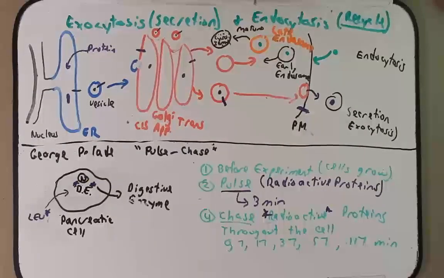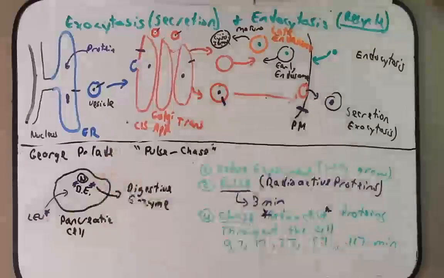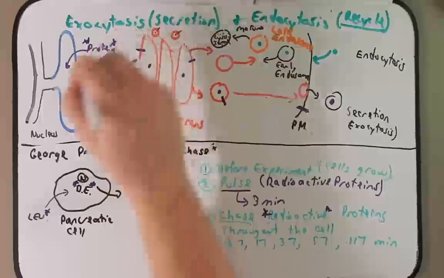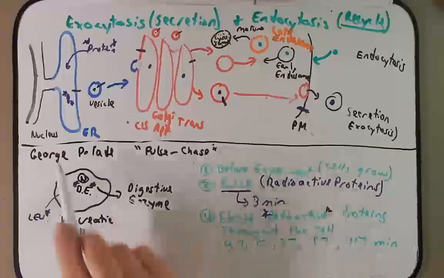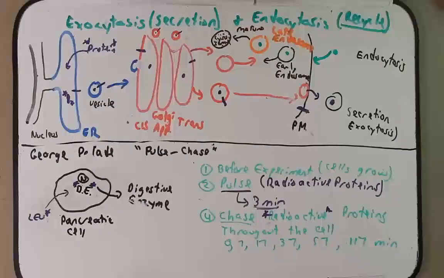That's an important one. And so what they did was, at 0 minutes, and we're going to use the diagram up here to talk about this, at 0 minutes, the protein that was labeled is going to be in the ER. Now remember, all other proteins that are going to be made after this initial 3 minutes won't have any radioactivity.